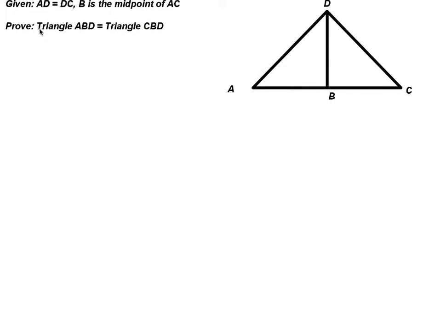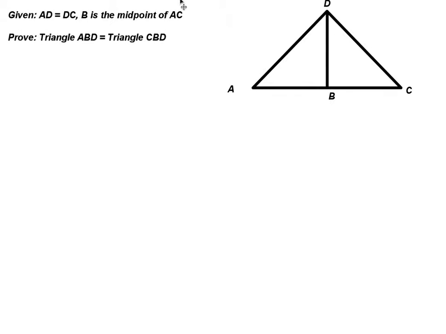For this example problem, I'm told that AD is congruent to DC, that B is the midpoint of AC. That's all I'm given. So let's take a moment to analyze the picture and see which postulate I have enough information to prove. So remember, here's a list of postulates that we'd be looking at.